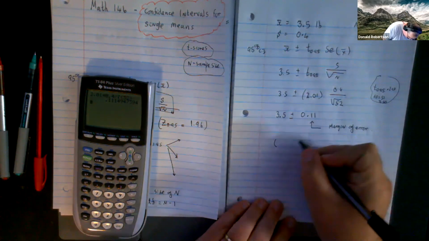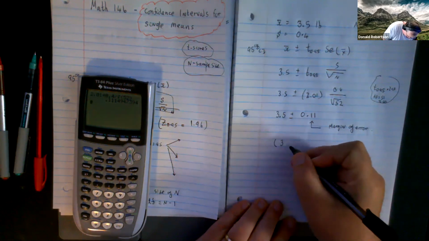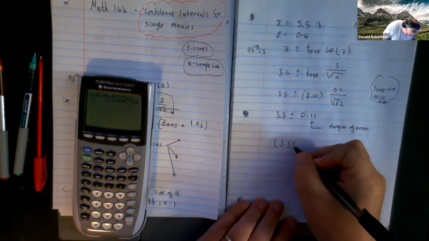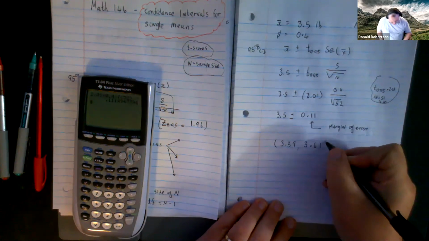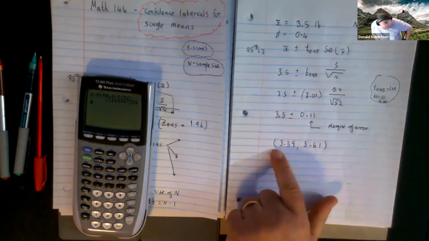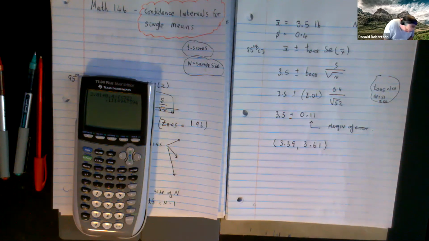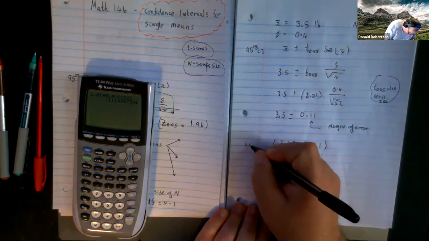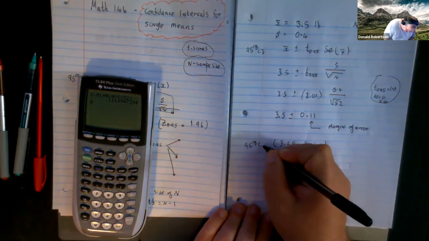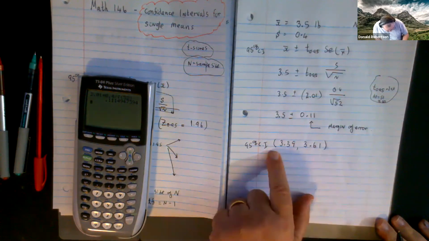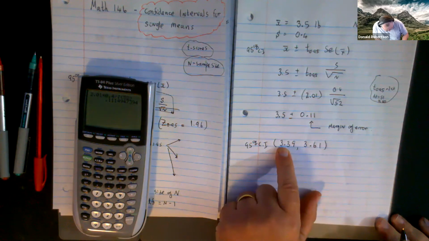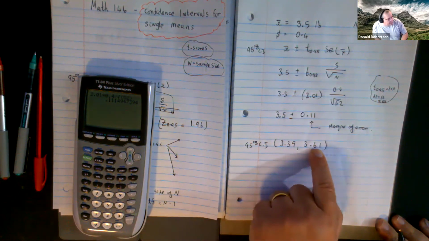In this case, it could be as low as 3.39. It could be as high as 3.61. So in this question, what we are saying essentially is that we are 95% confident that the true population average weight of rabbits is somewhere between 3.39 pounds and 3.61 pounds.